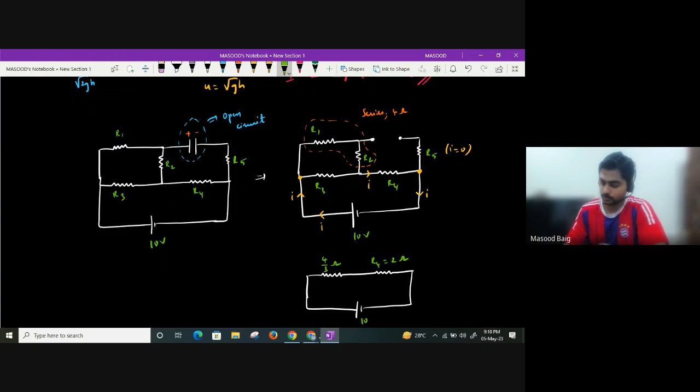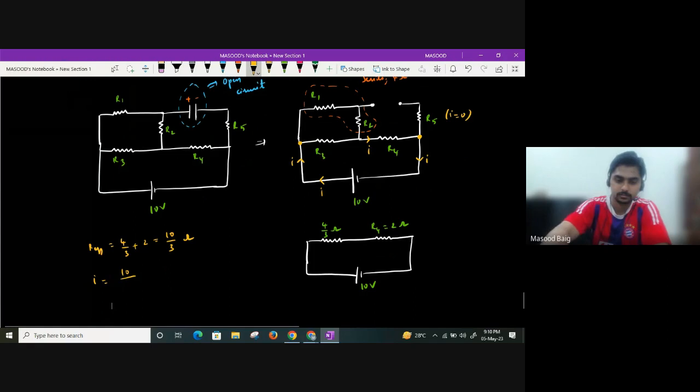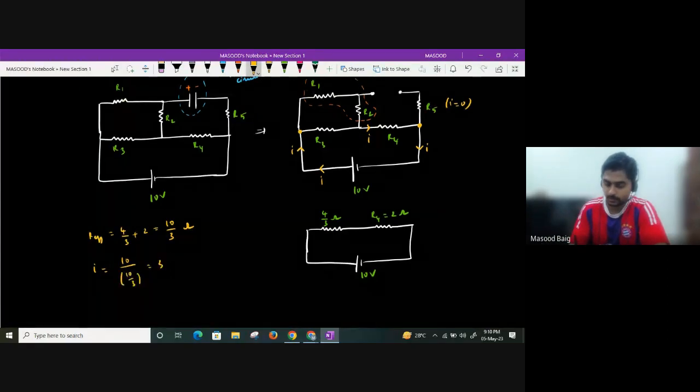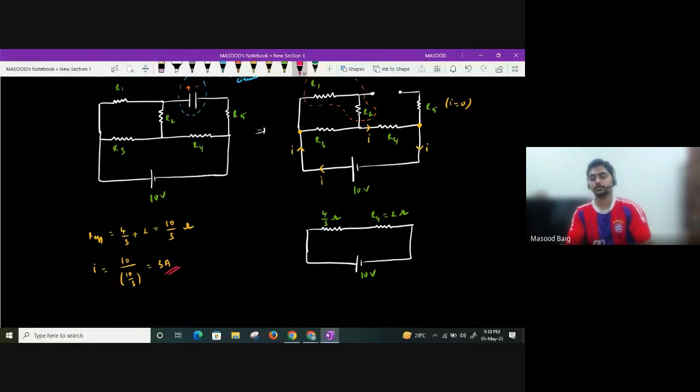So what is the resistance offered by the circuit? R effective is 4 by 3 plus 2, which turns out to be 10 by 3 ohm. So what is the current now? 10 divided by 10 by 3 is 3 ampere. So how much current will be flowing through the R4 resistor? 3 ampere current will be flowing through R4. Clear?